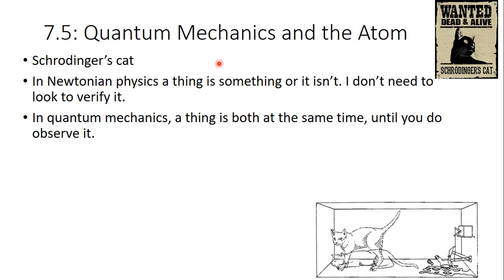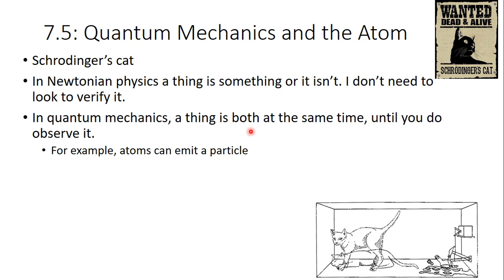Basically, in quantum mechanics, the ball would be on the ground and in the air until I looked at it, and then it would be either on the ground or in the air. And how that relates to a cat, in Schrödinger's cat, is that the cat is both dead and alive at the same time, and it's not until I look at it that the cat actually becomes dead or stays alive.